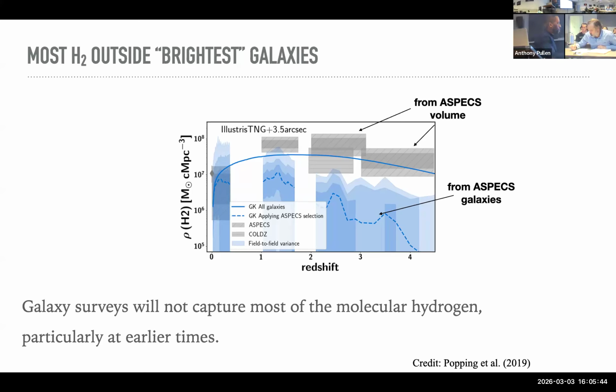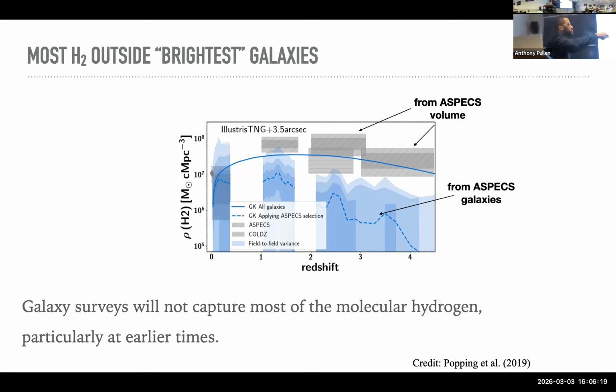This is an analysis that was done by Gergö Popping in 2019, where you take the IllustrisTNG simulations and you mock an observation of ASPECS, which is an almost complete galaxy survey, where this shows what would actually be detected over the volume simulated by IllustrisTNG for the ASPECS survey, whereas this shows what total emission would be from all the galaxies that exist in the simulation.